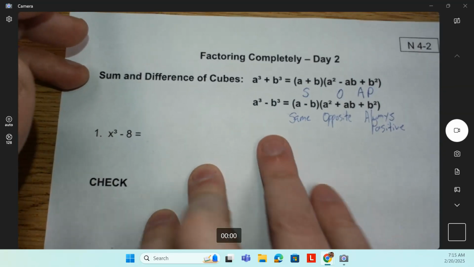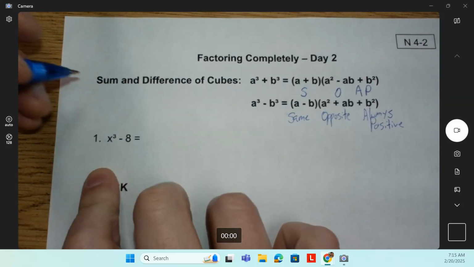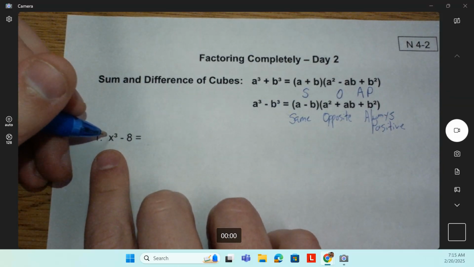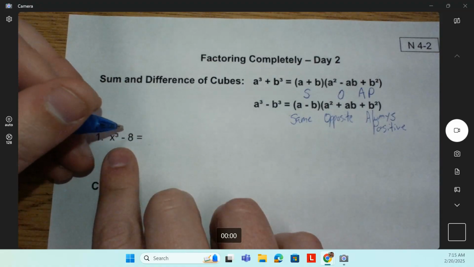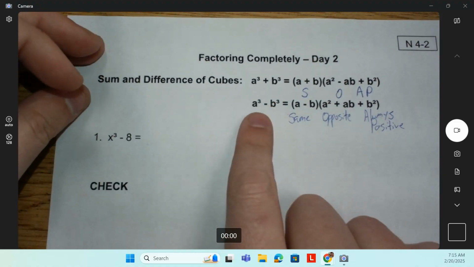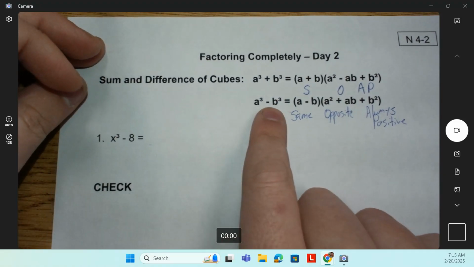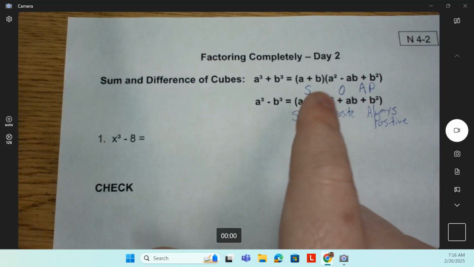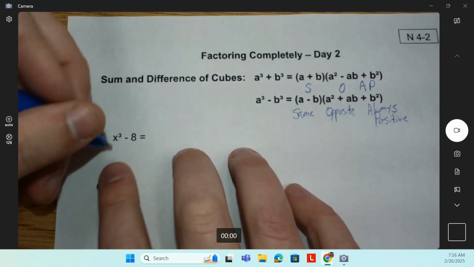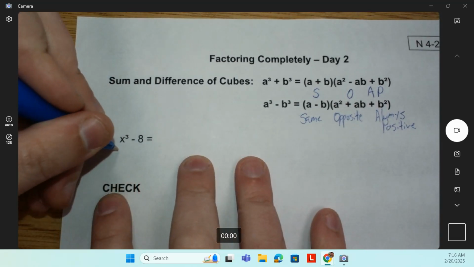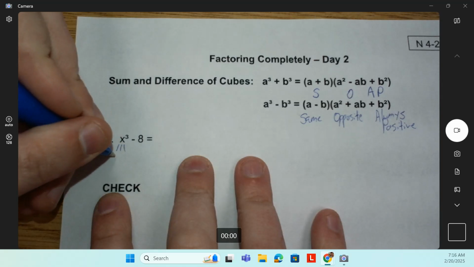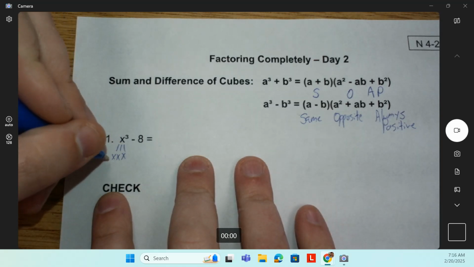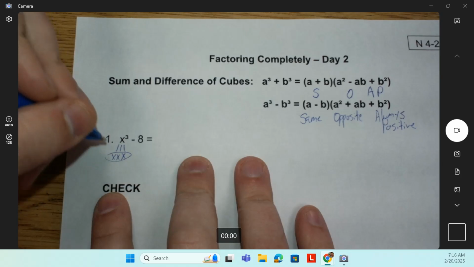But what we first have to figure out is what is the cube root of x to the third power and 8, because it says a cubed minus b cubed equals a minus b. So I have to figure out what a is. You can think about that as splitting this up into groups of 3. And if I get a group of 3, that's what that'll equal.